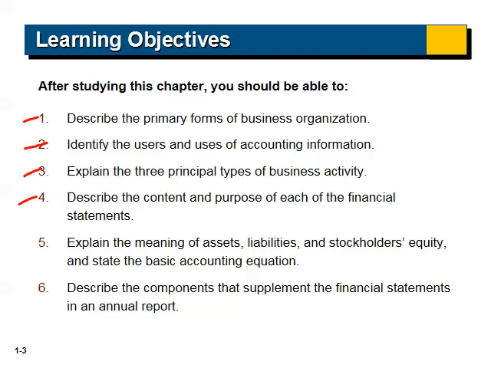We're also going to describe the content and the purpose of each of the financial statements. We'll explain the meaning of assets, liabilities, and stockholders' equities, and state what's called the basic accounting equation. And finally, we'll describe the components that supplement the financial statements in an annual report.